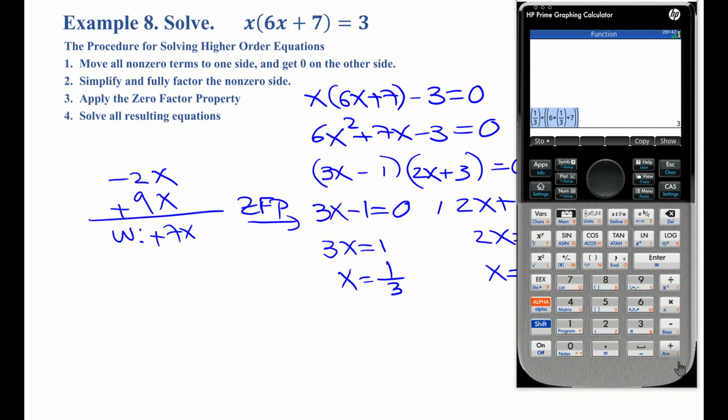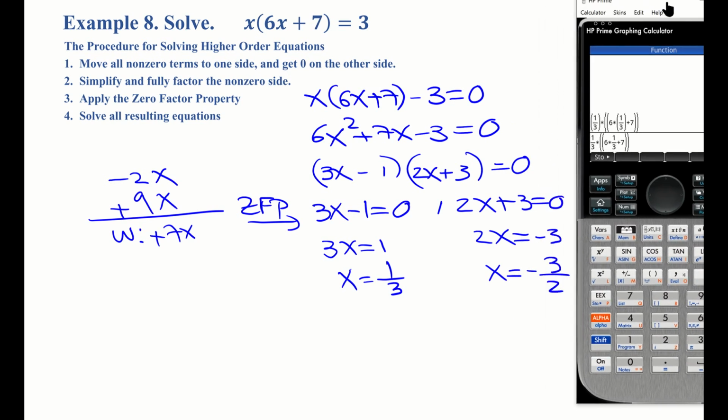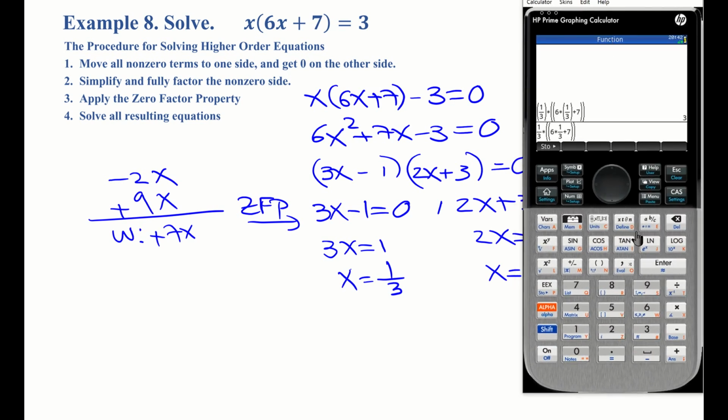Okay, so now let's see if you remember the copy paste business. Let's go ahead and copy that, and let's replace the 1/3 with -3/2. Every place that we have 1/3, we're going to change it to -3/2.